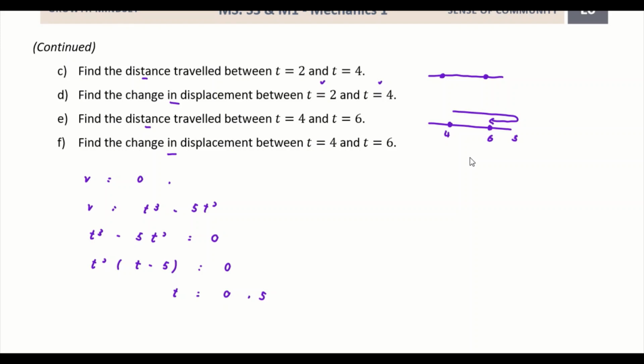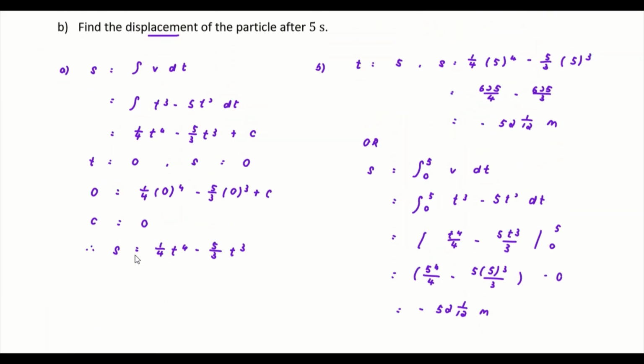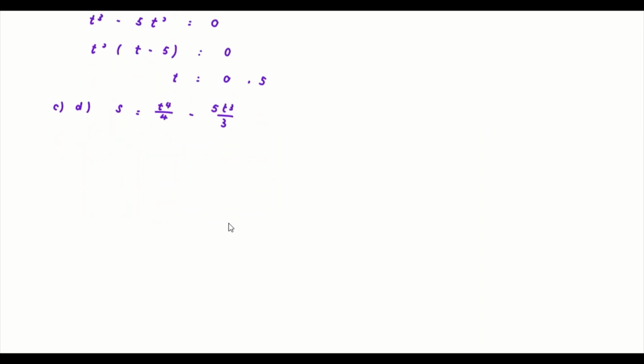We can answer C and D together, because we know we are going to get the same answer. Let's use the approach where you already got your answer from A. I'll write down the equation we have: s is equal to t to the power 4 over 4 minus 5t cubed over 3. The easier approach here is to just substitute.